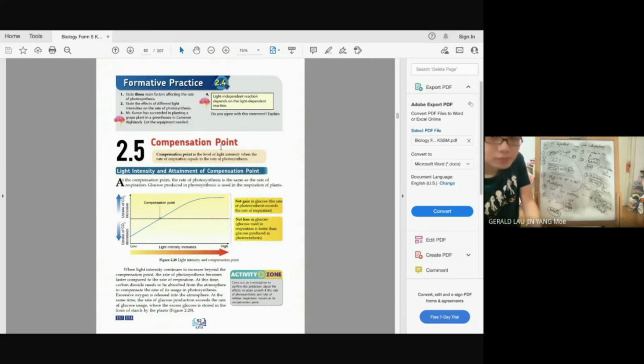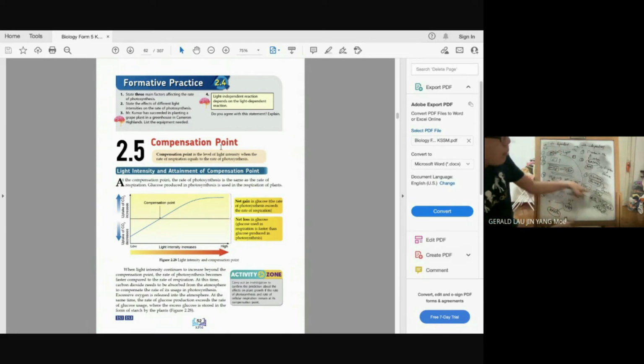Now you see, in this graph, there is negative and positive, and then the zero is the compensation point. Compensation point means the level of light intensity when the rate of respiration equals the rate of photosynthesis. That means I respire at this rate, photosynthesis is also at the same rate.